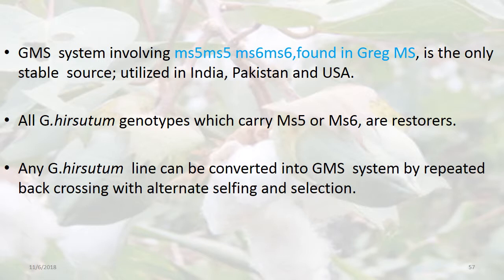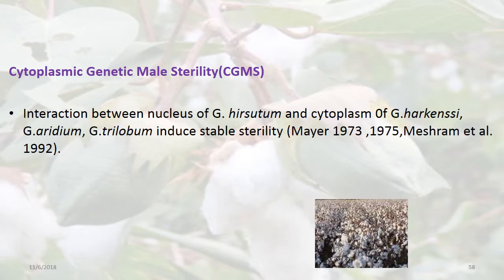Any Gossypium hirsutum line can be converted into GMS system by repeated backcrossing with alternate selfing and selection. CGMS. In this, interaction between nucleus of Gossypium hirsutum and cytoplasm of Gossypium harknessii, Gossypium aridum, Gossypium trilobum induces stable sterility.